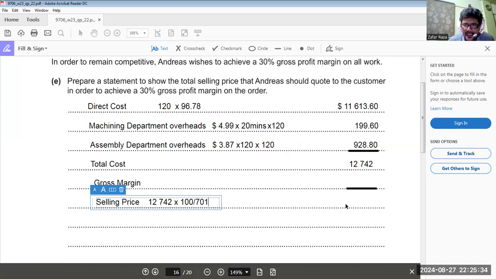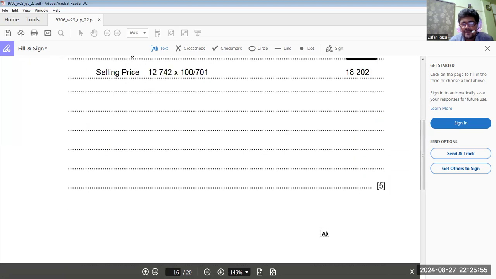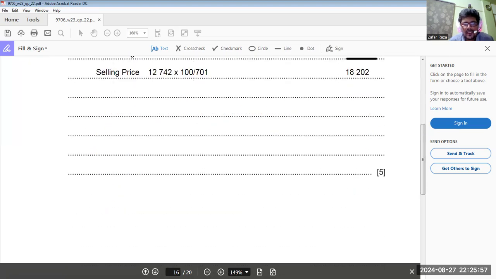So we'll get 18,202. The selling price would be 18,202. So if we deduct 12,742 from 18,202, it means profit is 5,460. Simple. And we earn 5 marks.